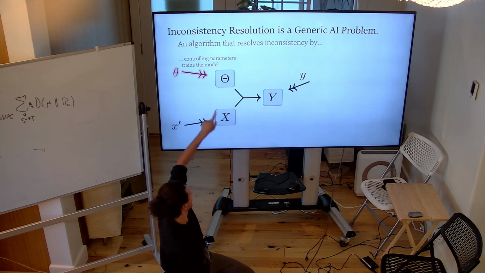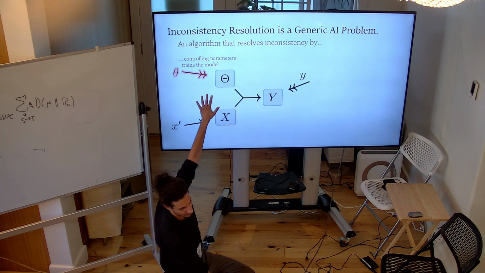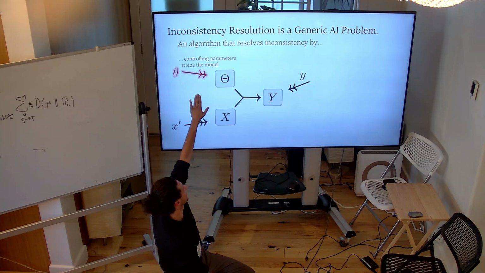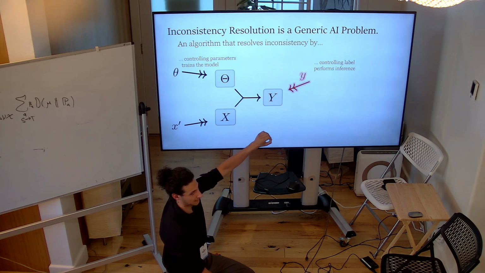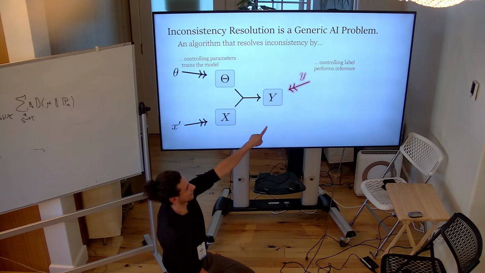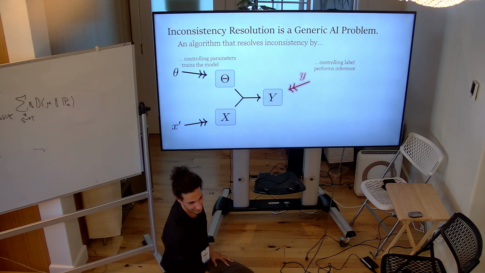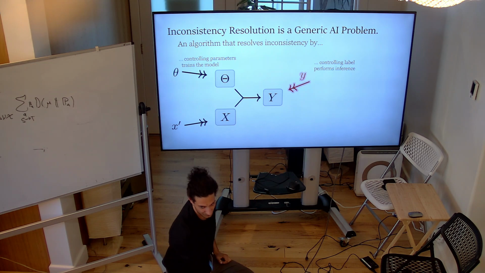If we resolve it by changing theta, this is just a normal training procedure for a neural network. We resolve the inconsistency here, this is learning. If we resolve the inconsistency by adjusting the label y, then this is inference. We've taken the model and the input and we've figured out the y that is consistent with it, like a push forward. It's a very fancy and unnecessarily complex way of saying take the push forward of the neural network.